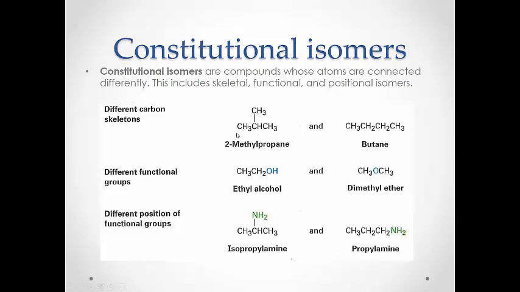If you name this one here, you've got propane as your root name, and you have a 2-methyl. If you name this one, you get butane. When you have oxygens in it, you could have an alcohol or an ether, and when you have nitrogens, you can have an amine coming off the central one or the end one. So it's the same number of carbons, nitrogens and hydrogens, but a different arrangement of those.